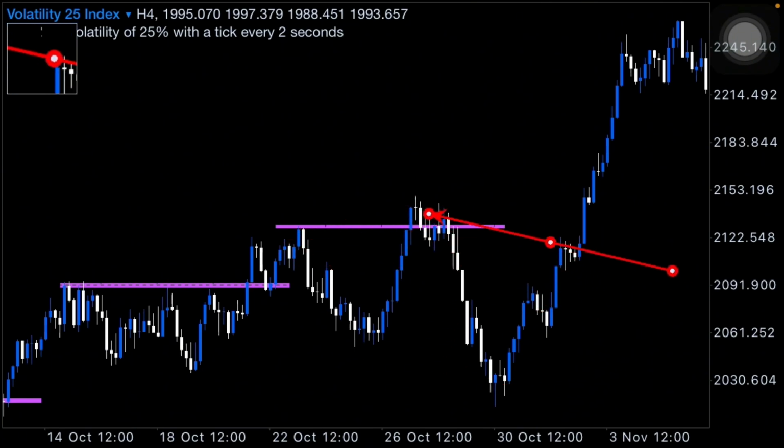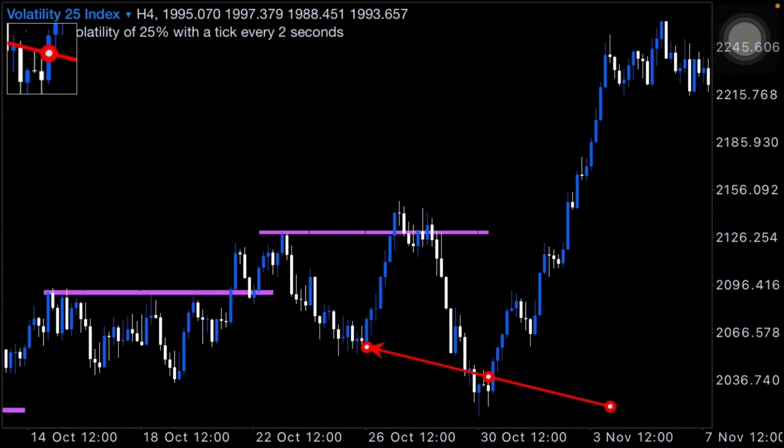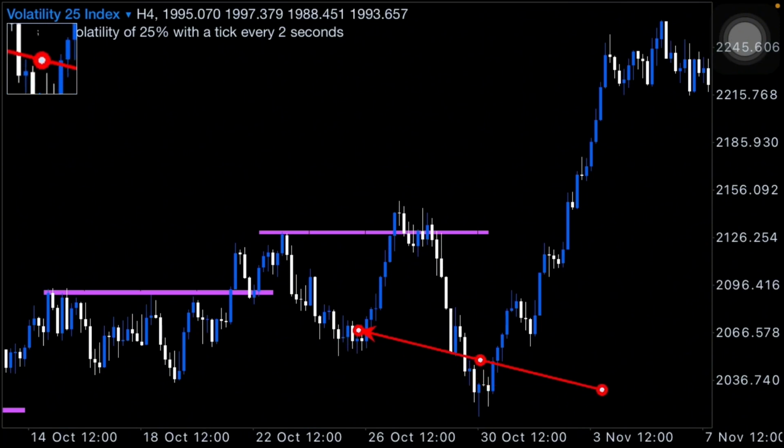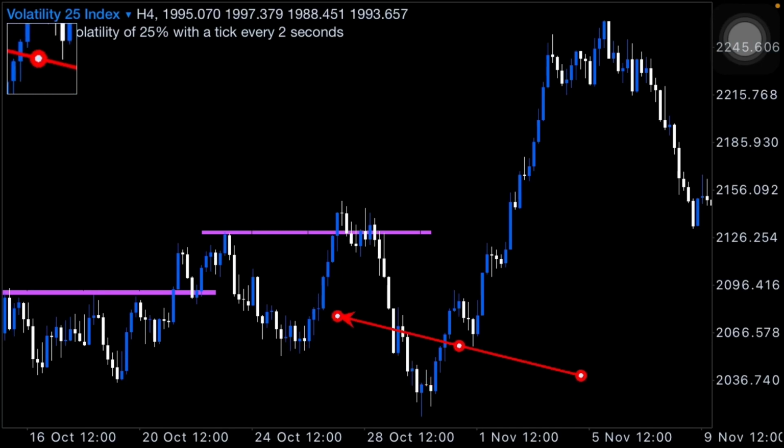But there is a confusion here, not a confusion per se, but newbies might not know why this happened, because you cannot regard this move here as a break. Why? Because the market immediately pulls back into the range after breaking. There was no displacement.